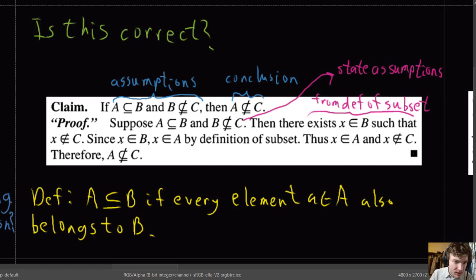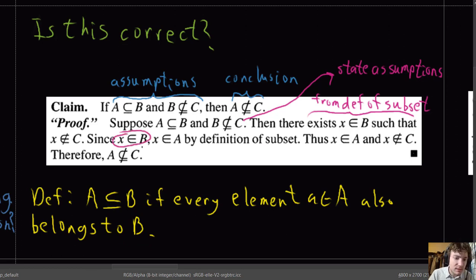Now the next sentence. Since x belongs to B, x belongs to A by the definition of subset. So it was true here that x is in B, and now we're claiming x is in A by the definition of subset. Wait, why is this true? Our assumption was that A is a subset of B, but that means every element of A belongs to B. We're doing the opposite deduction here.